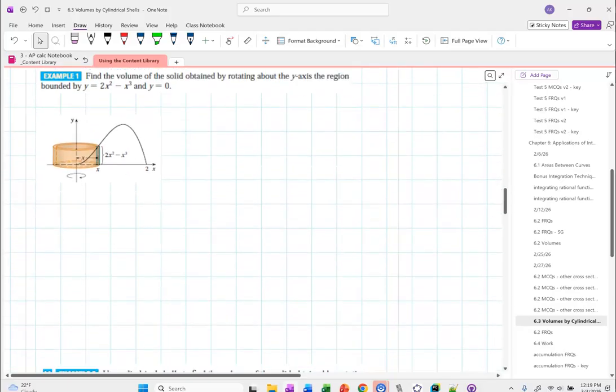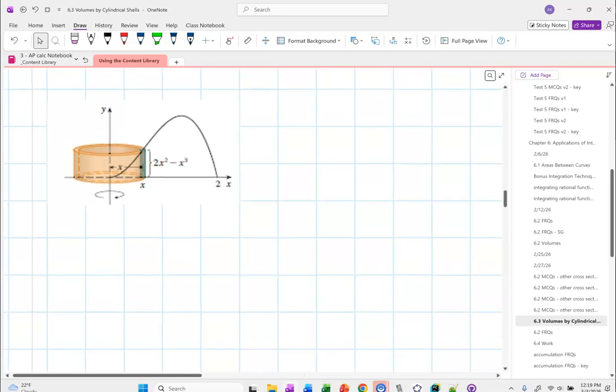All right. So, here's that same graph. I've drawn in one of these cylindrical shells to help us visualize what we're doing. The distance from the axis of rotation to some point on the function, that's my radius, right?